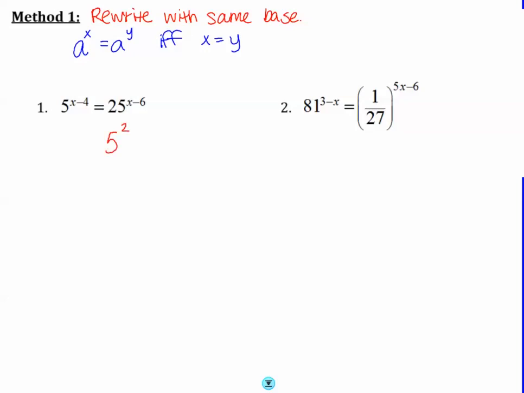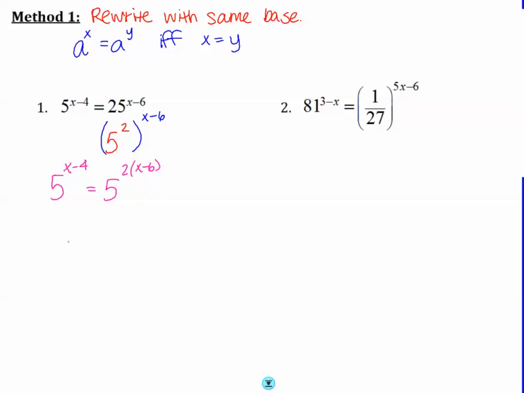Then, based on our properties of exponents, 5 squared to the x minus 6 is the same thing as writing 5 to the 2 times x minus 6. The other side already has a base of 5, so we can just leave that side the same.